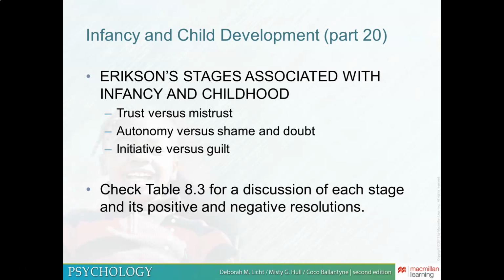And if not, they may feel a sense of doubt about themselves. And then initiative versus guilt. Initiative refers to the ability to take on things on one's own and solve problems on one's own. And if not, they may feel a sense of guilt.